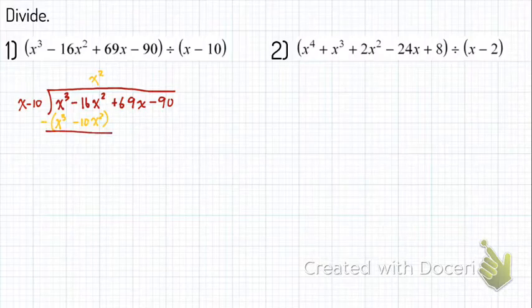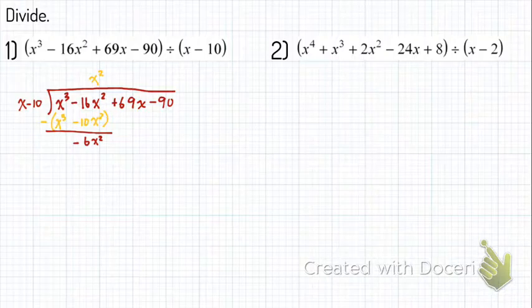I know that x cubed minus x cubed is going to be 0, so I'm done with that. Then I'm going to do the next one. What's negative 16x squared minus negative 10x squared? Well, that is going to be negative 6x squared, because negative 16 minus a negative 10 is like saying negative 16 plus 10. Then I'm done with that first step.